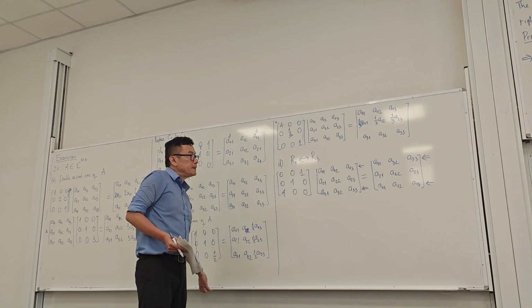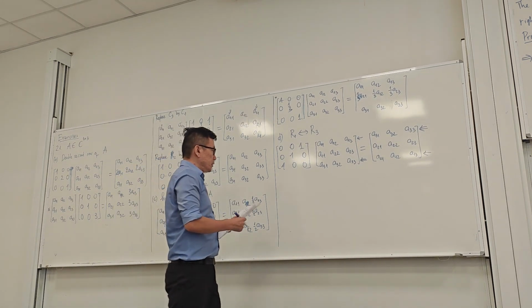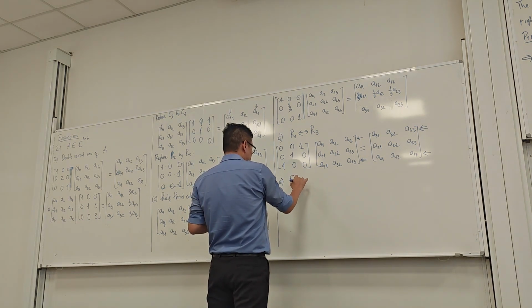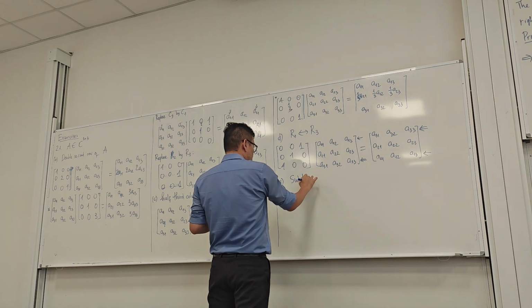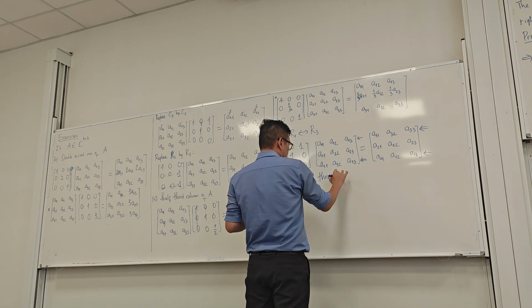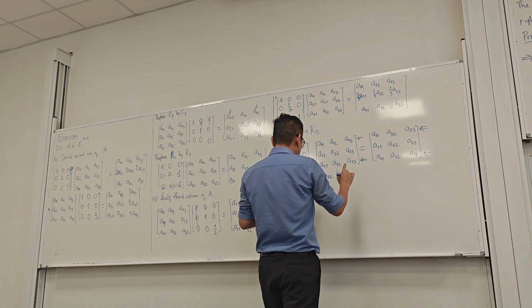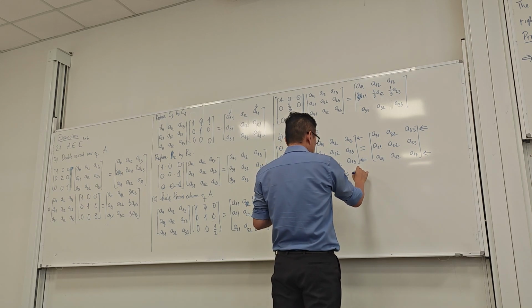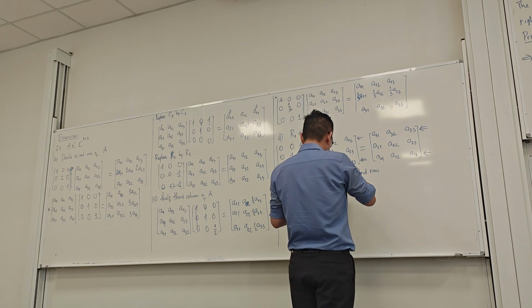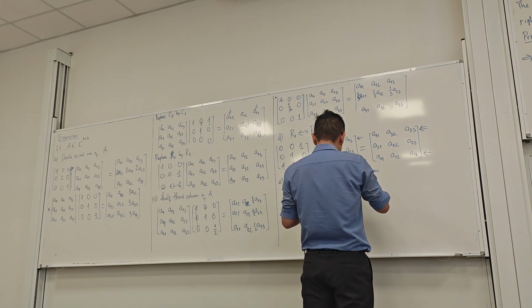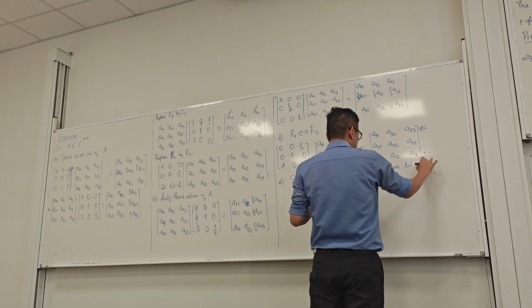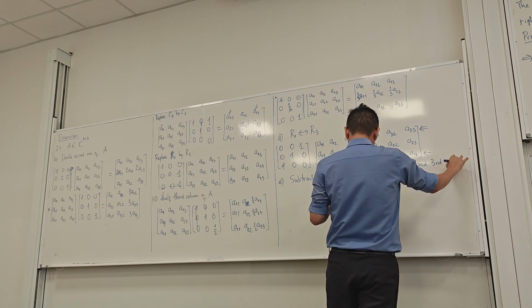Okay, now E. Subtract 3 times the second row from the first and the third row.